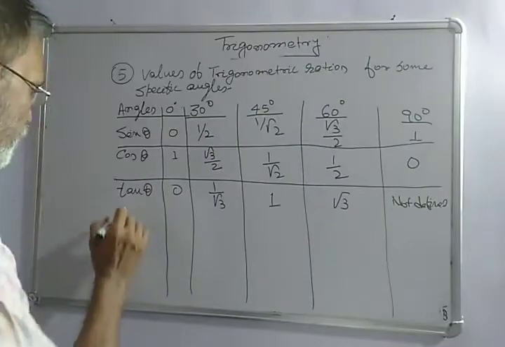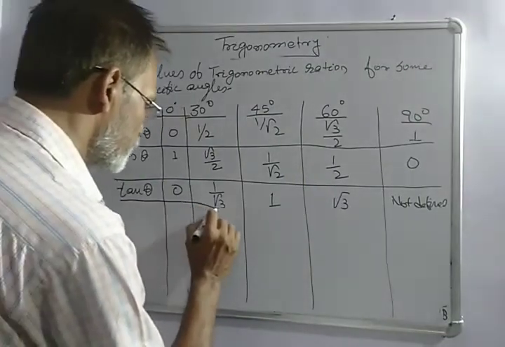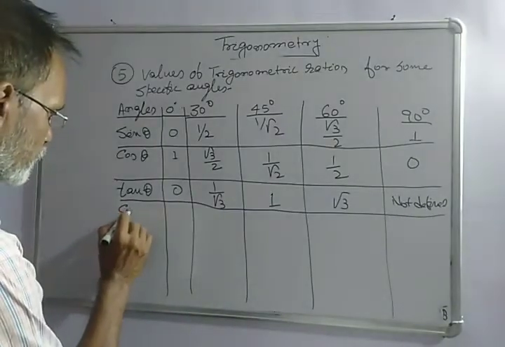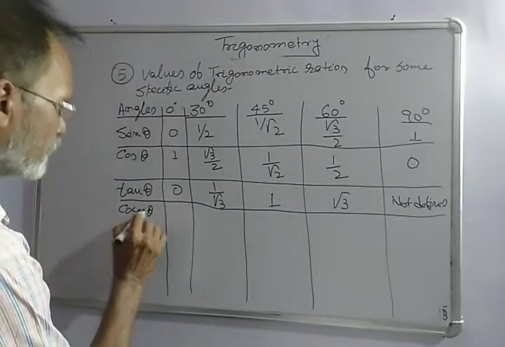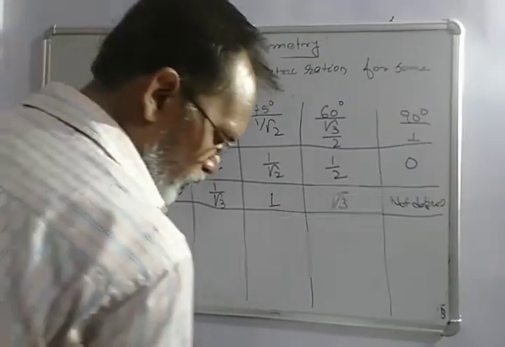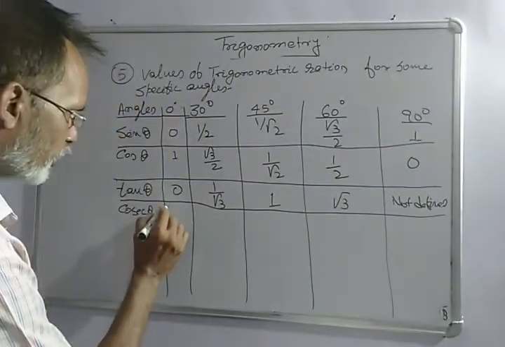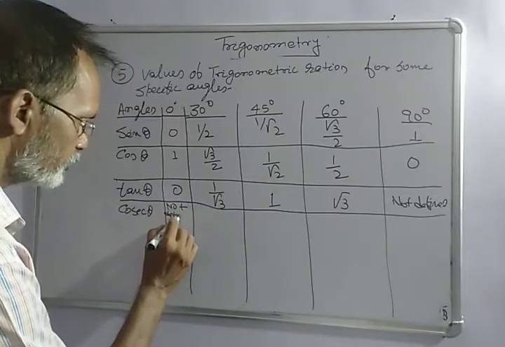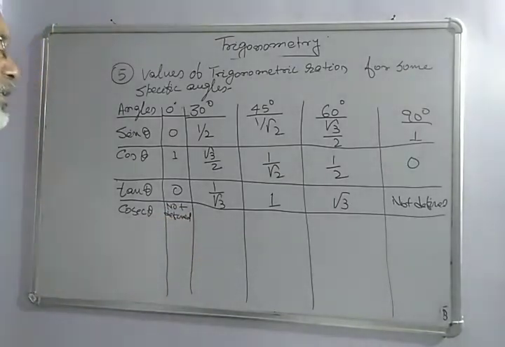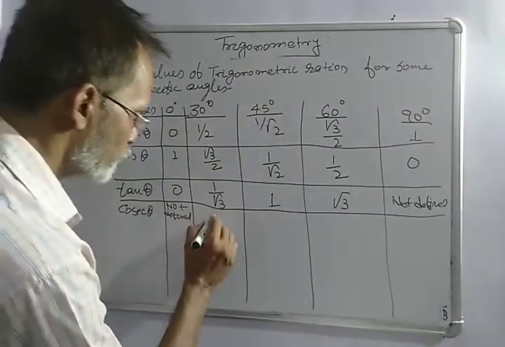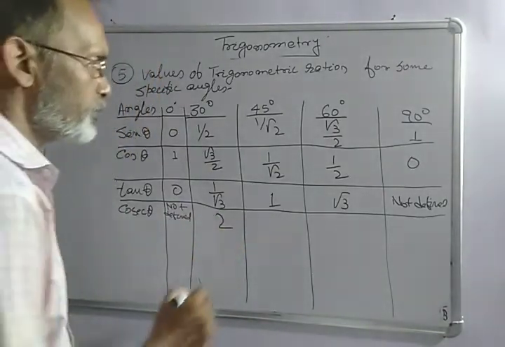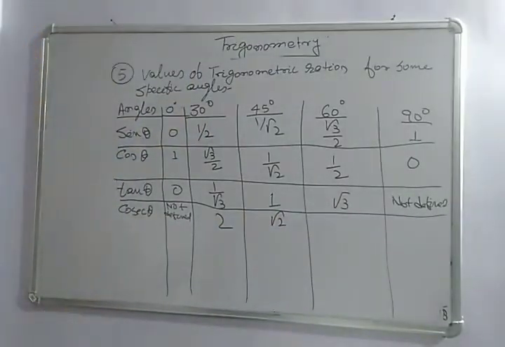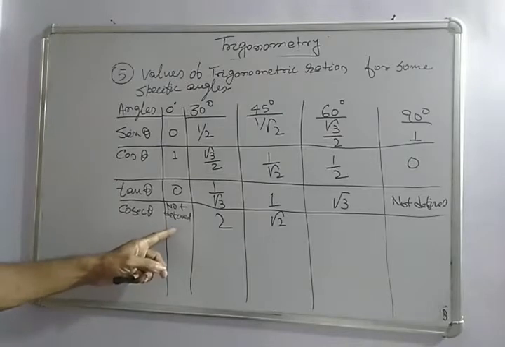Then after tan comes cosec theta. Cosec 0 is not defined.